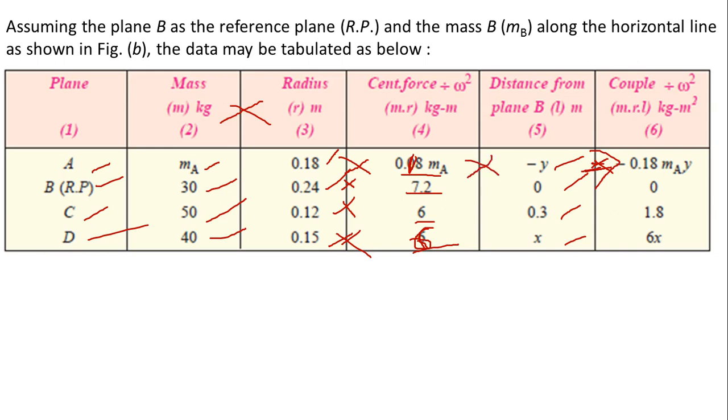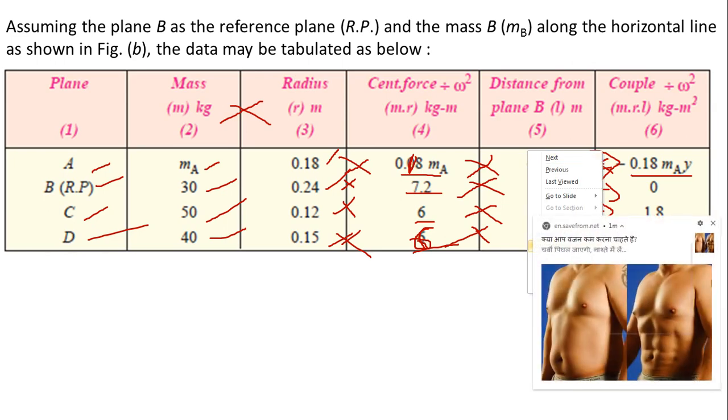Multiply 0.18 into MA into minus y, so you get minus 0.18 MAy, 7.2 into 0, so you get 0, 6 into 0.3, you get 1.8, then 6 into x, you get 6x.